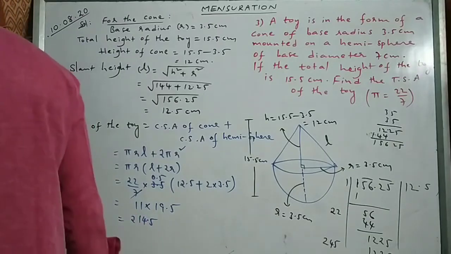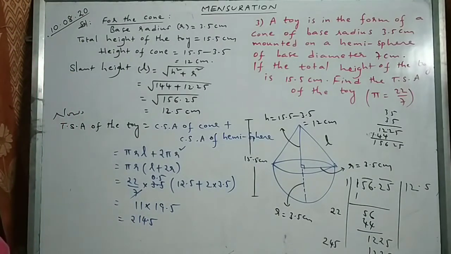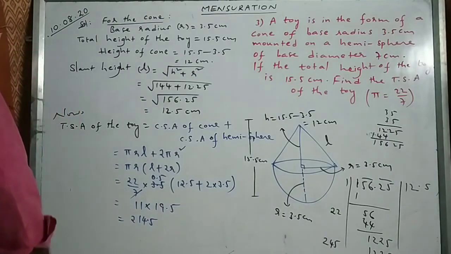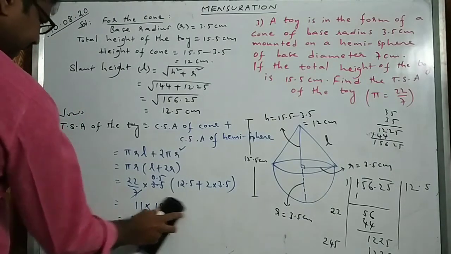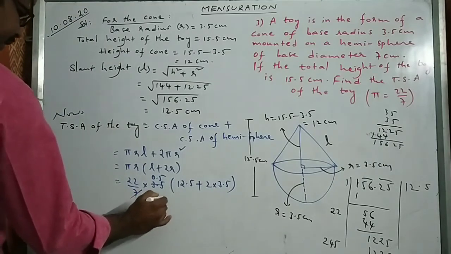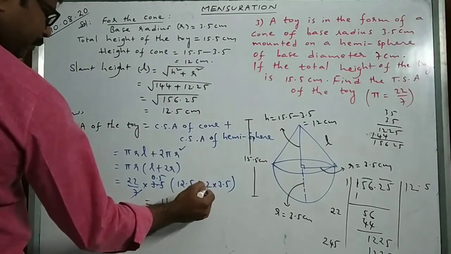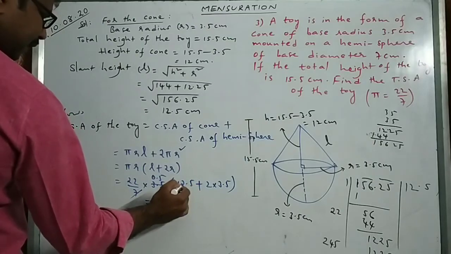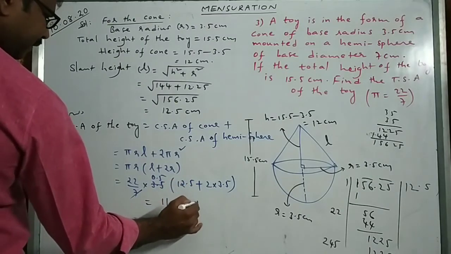So 214.5. Somewhere it has gone wrong. Check it here. This is 11 into 2 times 3.5 is 7. 12.5 plus 7, 19.5.